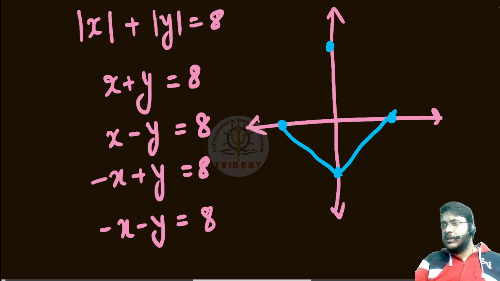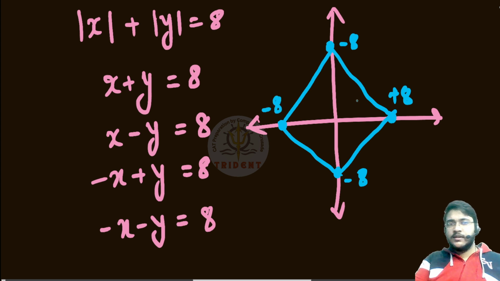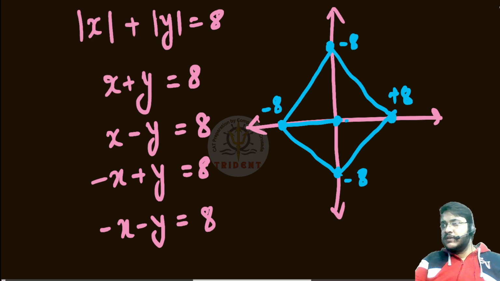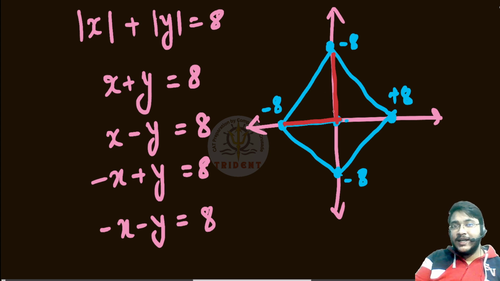This is minus 8, this is plus 8, this is minus 8, and this is minus 8, towards the negative side of the x-axis. Now obviously I'm considering this to be the center, and I have the lengths with me as 8 and 8.